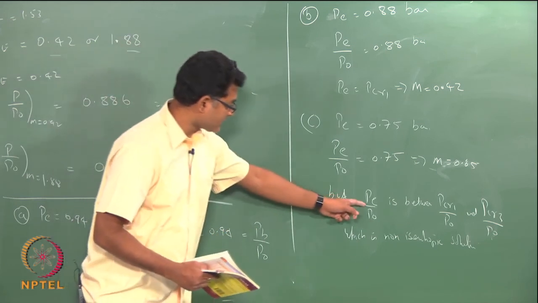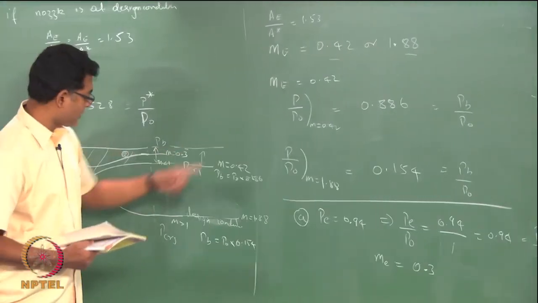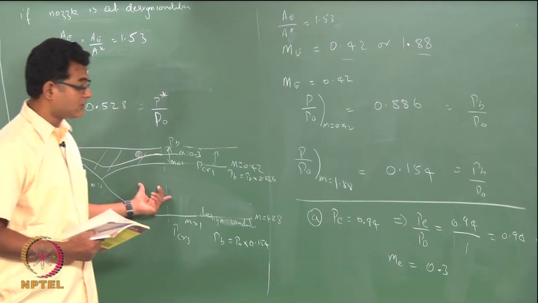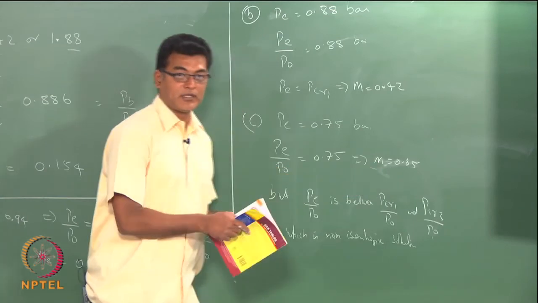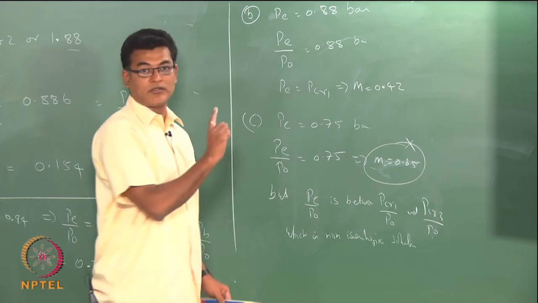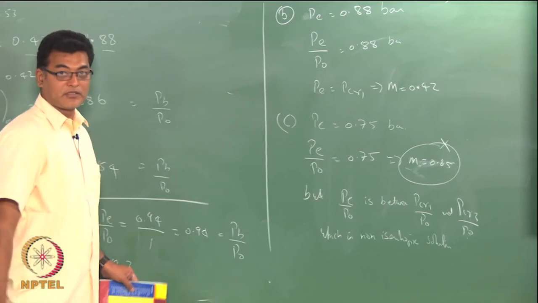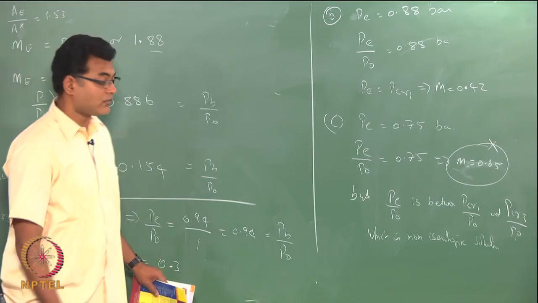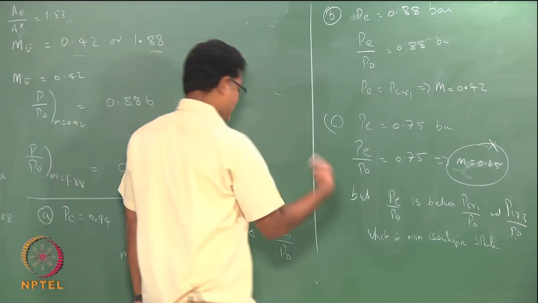The easier thing is we have just demonstrated that the pressure ratio is between PCR1 and PCR3, which is a non-isentropic solution. Hence, your pressure ratio will not give you this Mach number. So, this Mach number evaluated from your isentropic solution is wrong. We do not know what the Mach number there is; after studying shocks, we will evaluate it. We will do that particular case later.